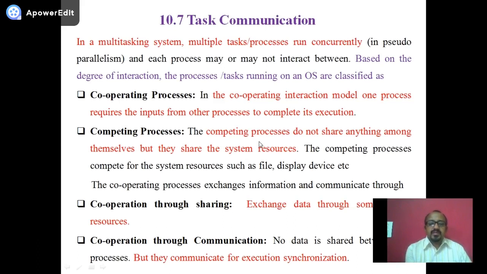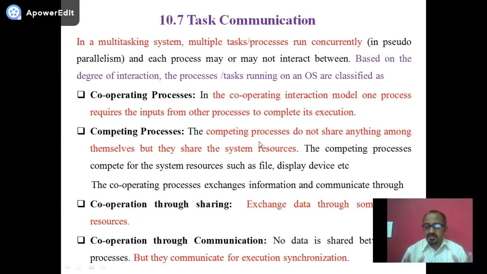First, the processes are classified as cooperating processes. In the cooperating interaction model, one process requires the input from another process to complete its execution.